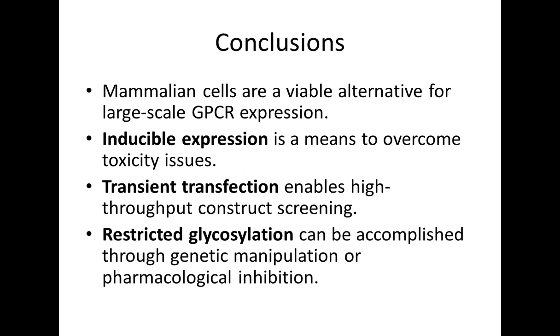So in many cases, a BacMam system is going to have a lot of advantages. What's really been nice for us in terms of the transient, as I mentioned before, is simply the fact that we can screen so many different constructs in parallel. Once you've narrowed it down to a few, a BacMam system can have a lot of advantages since you're only dealing with one or two.